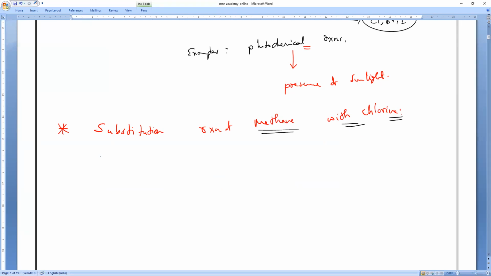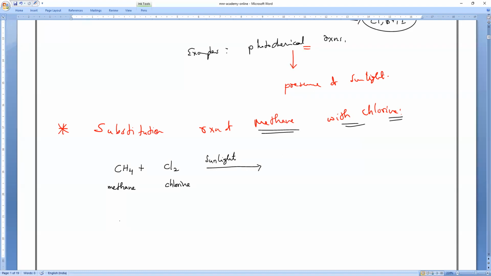Write it, everybody: CH4 reacts with chlorine. CH4 means what do we call it? Methane. It reacts with chlorine in the presence of sunlight. Very important.